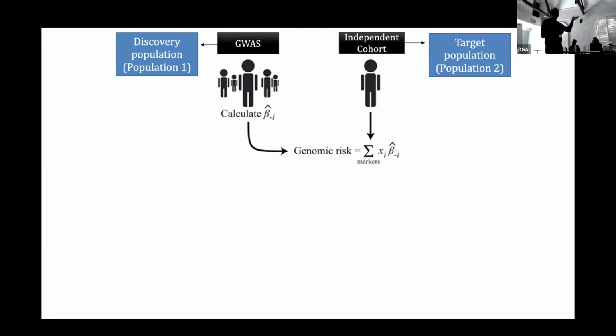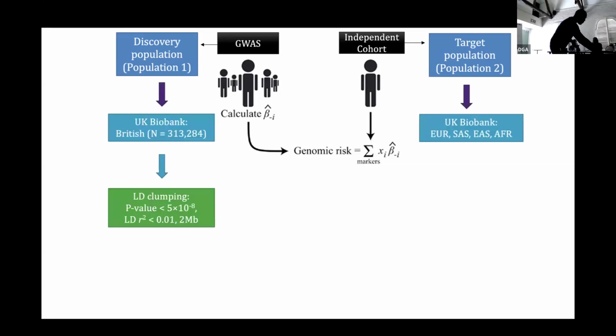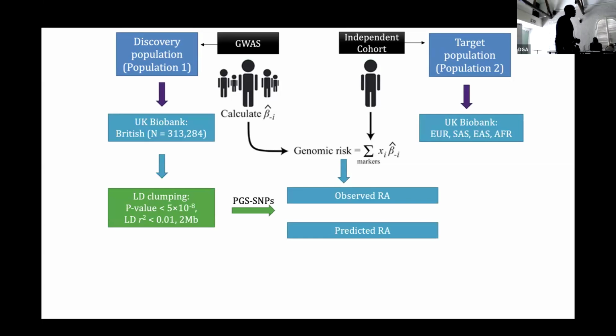So we simulated a trait under our assumptions where the causal variants are the same, everything is the same, etc. And we ran GWAS in the European populations. We identified a set of top SNPs for the simulated trait, and we went to our target populations and looked at the relative accuracy, essentially the ratio between the prediction accuracy in the target sample versus the prediction accuracy in the European ancestry populations.